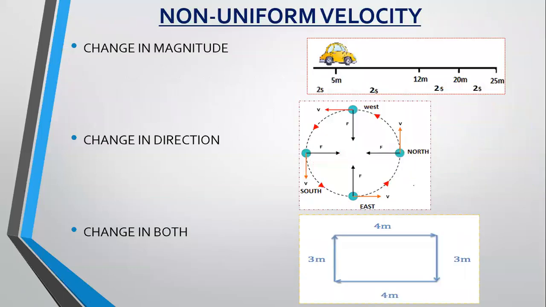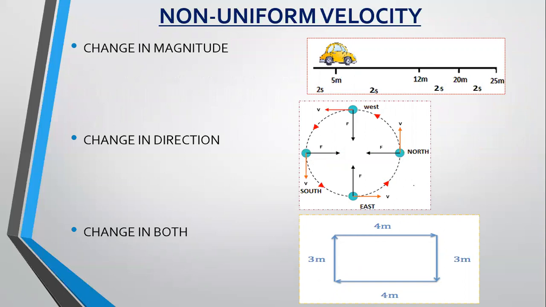However, non-uniform velocity can result not only by the change in magnitude, but also by change in direction and change in both magnitude and direction.